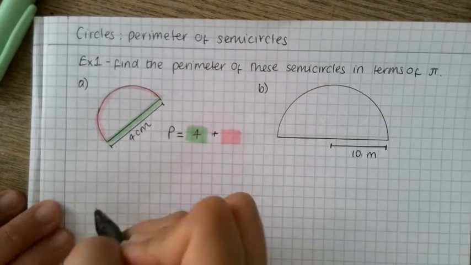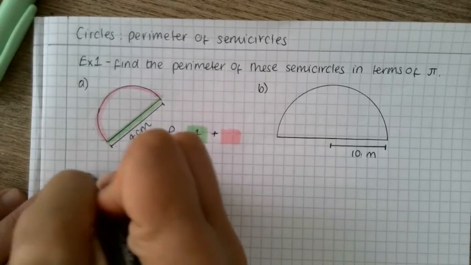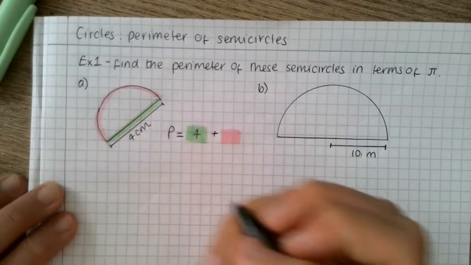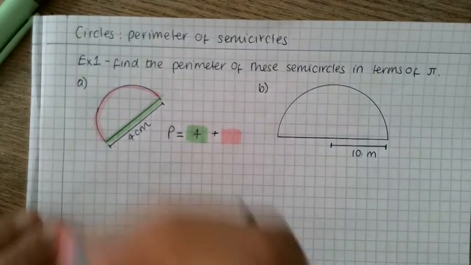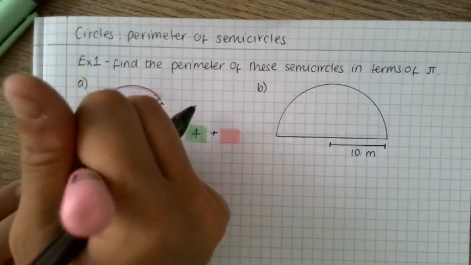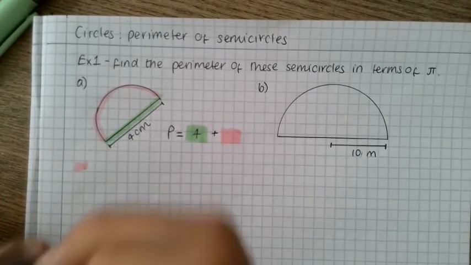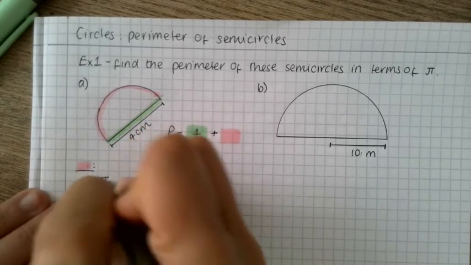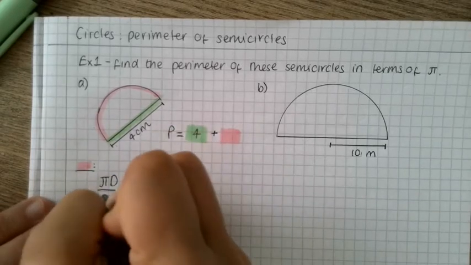So away from my perimeter calculation, I'm going to find the pink length. So the length of the pink line is going to be pi d divided by 2.